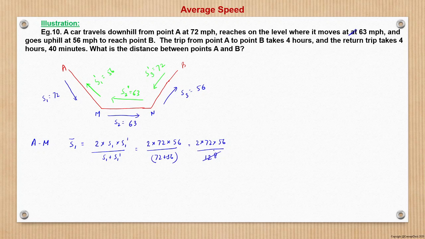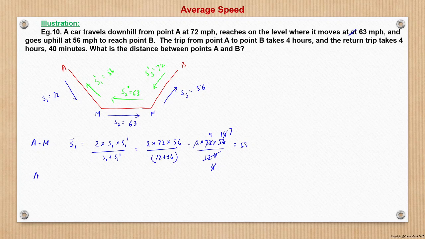This simplifies, and it becomes 63 miles per hour.